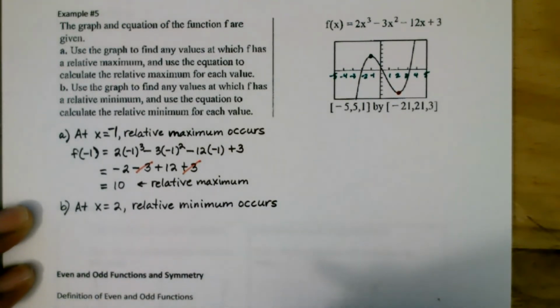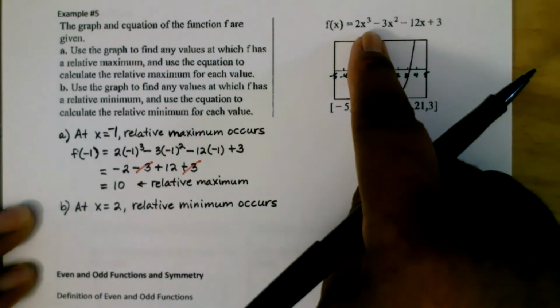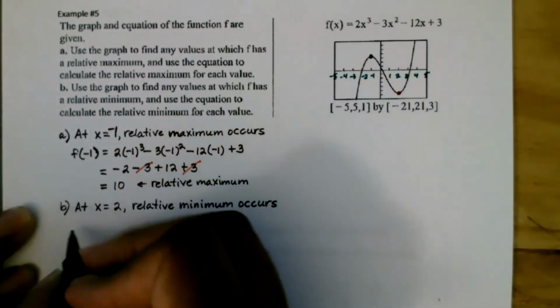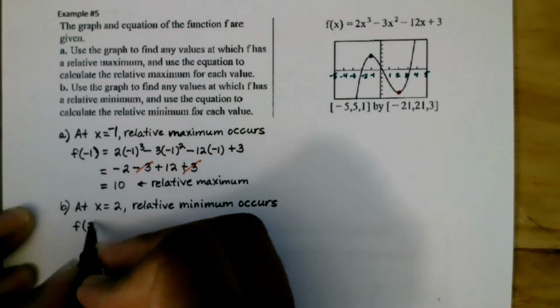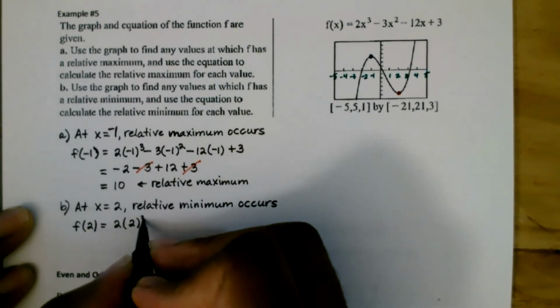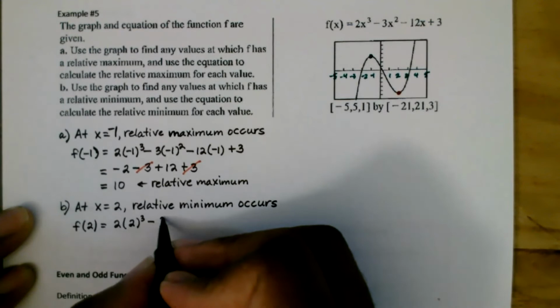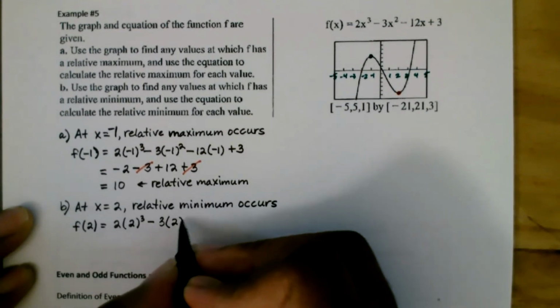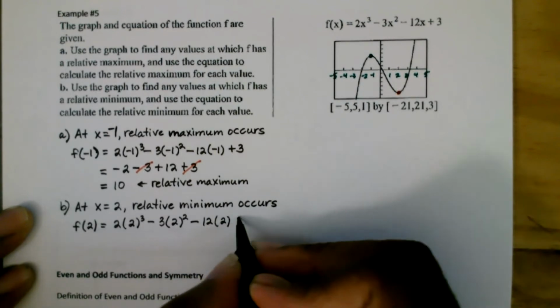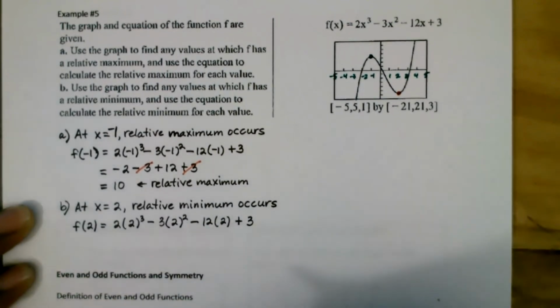Now let's find what that relative minimum is by using that f of x function and substituting each x with 2. So we're going to evaluate f of 2. That's going to be equal to this, 2 times 2 raised to the third minus 3 times 2, that's squared, minus 12 times 2 plus 3.